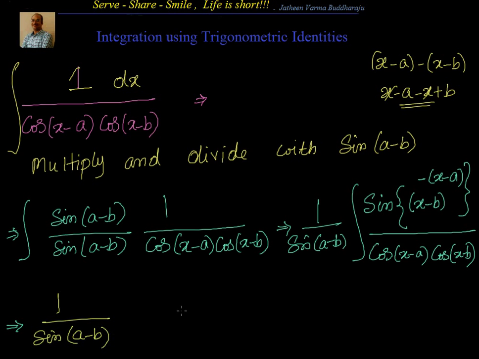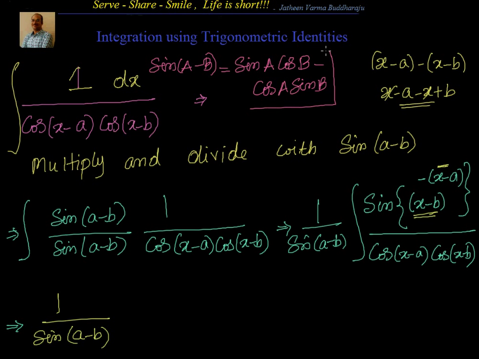Now see here, you have sin of c minus d. That's nothing but the formula sin of a minus b is equal to sin a cos b minus cos a sin b. Now the idea is to cancel some of the denominator part and try to get it into a known integral function. Now 1 by sin of a minus b.